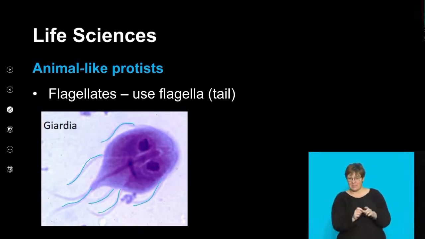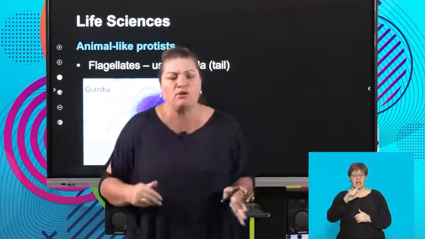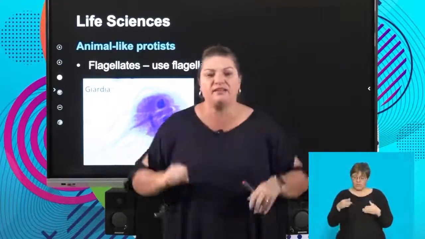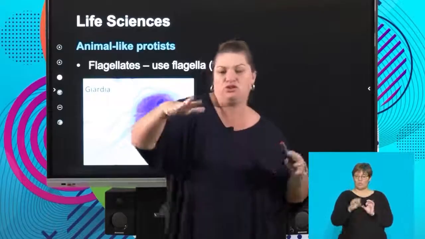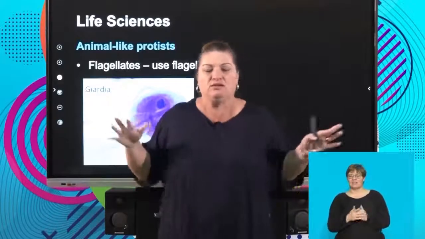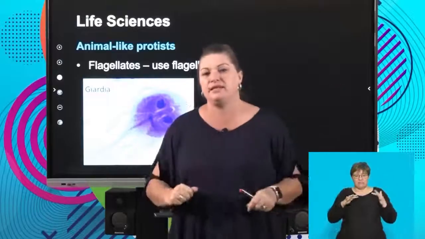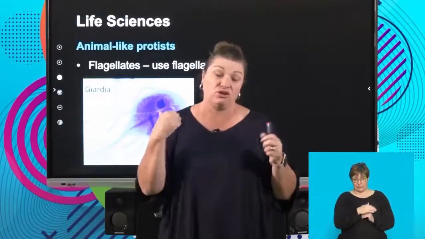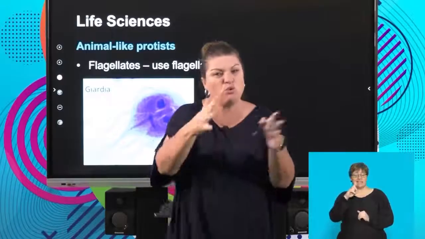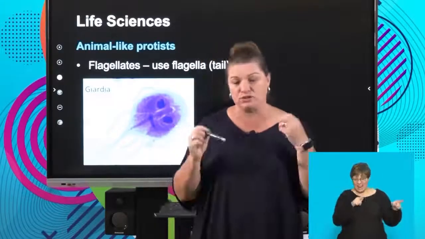And they are also able to move and swim around and go and find little things to eat. So you've got your amoeboid that slinks around, your cilia that's got all these little hairs beating that gets it on its way, and your giardia over here, which have got all these tails and are going to get it to move.